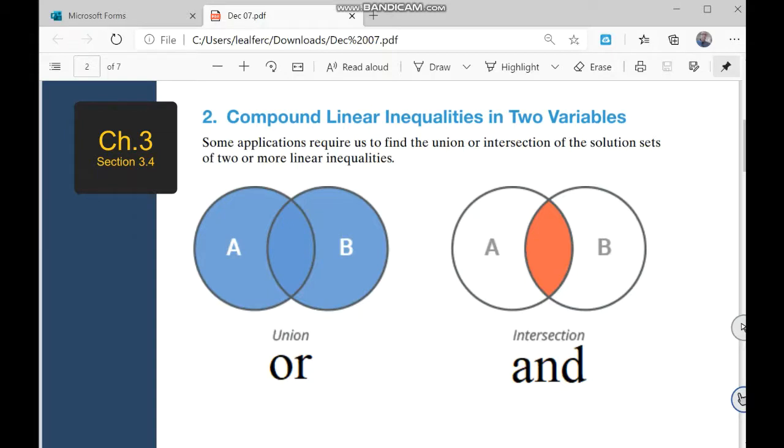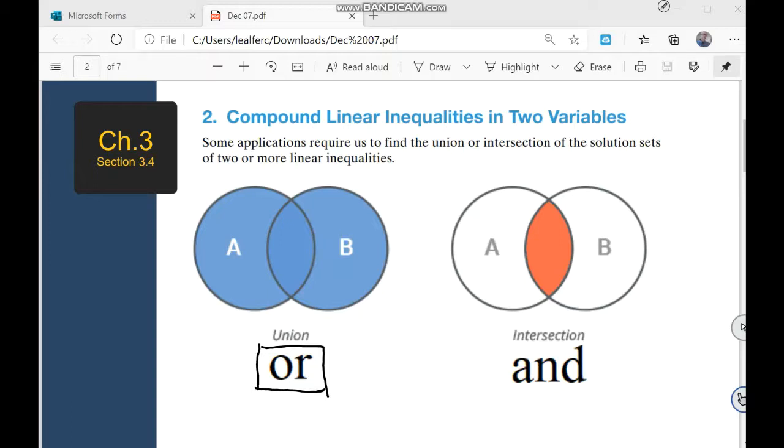This is the union. And the important word that usually represents union in math is the word or. Every time you see the word or in a math question, usually it's going to mean union.